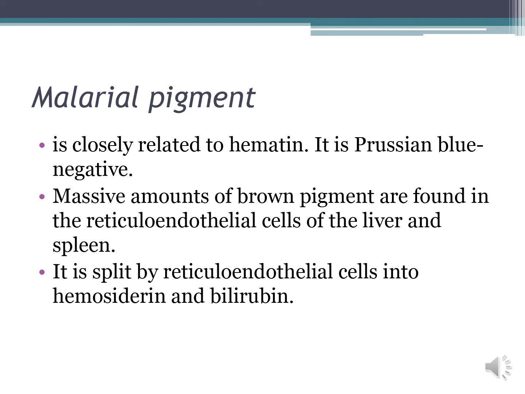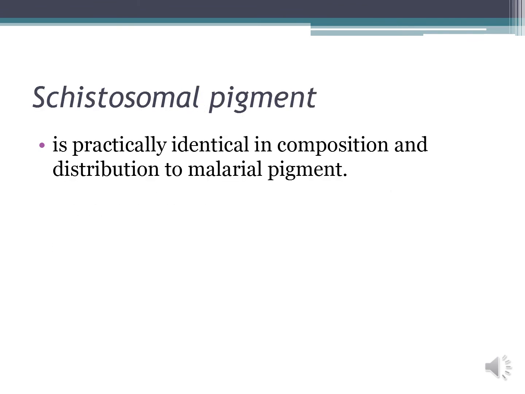So we see very dark coloring of the spleen and liver in case of severe course of malaria and the patient's death. So it is split by the reticuloendothelial cell into hemosiderin and bilirubin. Schistosomal pigment is practically identical in composition and distribution to malarial pigment.